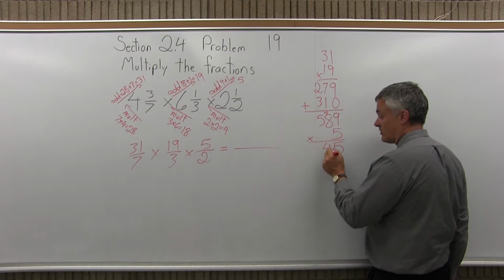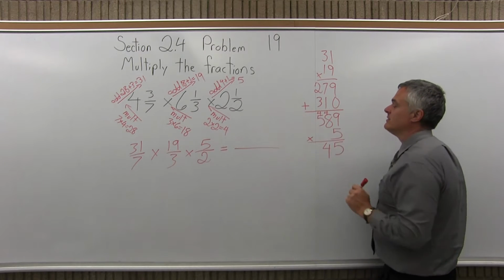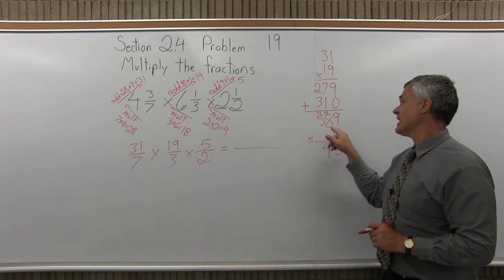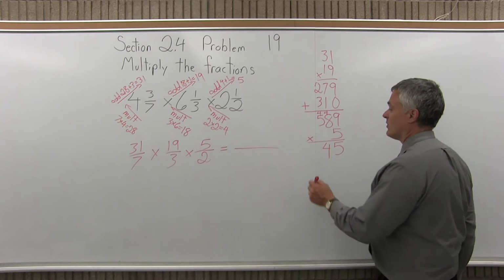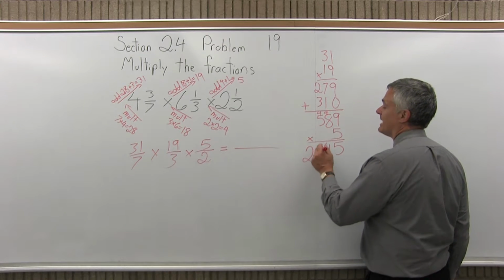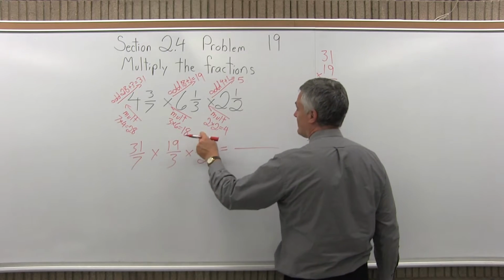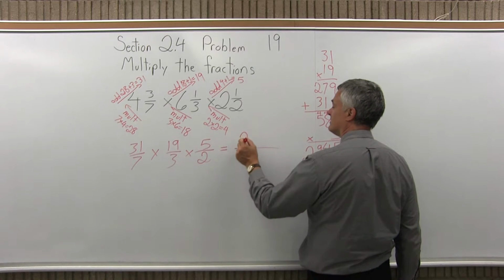So I write the right 4 from the 44, carry the left one in the tens position to the top of the next column. Now 5 times 5 is 25, plus the 4 more that I carried. 25 and 4 more is 29. So now 31 times 19 times 5 gives me a result of 2,945.